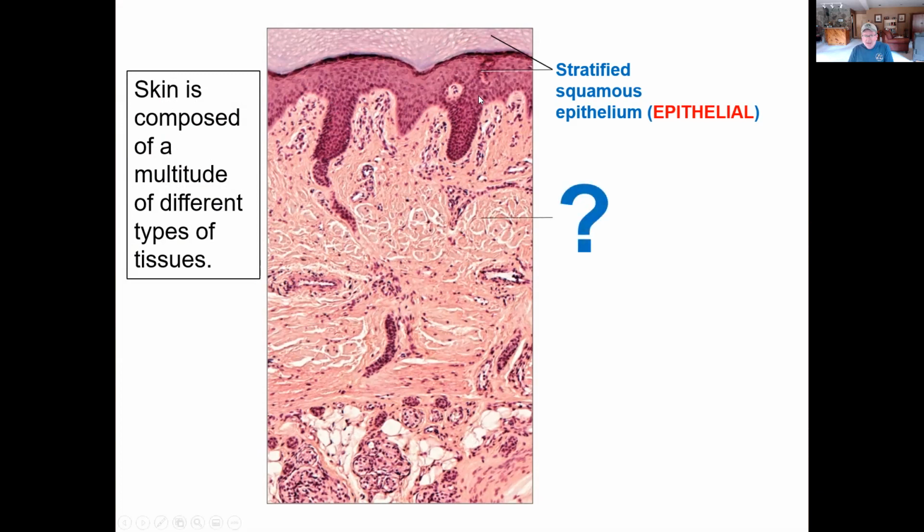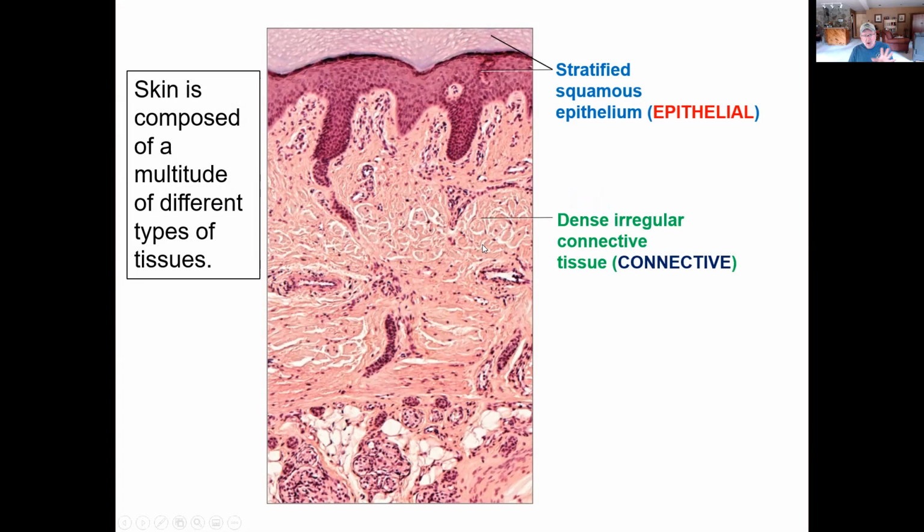Below the stratified squamous, we have a fairly wide, thick range of structures here, the most abundant of which is dense irregular connective tissue. We talked about that in the previous chapter and also a bit in lab. Remember, this is composed of primarily collagenous fibers, but their orientation is a bit more haphazard, or random, unlike the dense connective tissue, say of tendons or ligaments, where we have dense parallel bundles of these strong collagenous fibers.